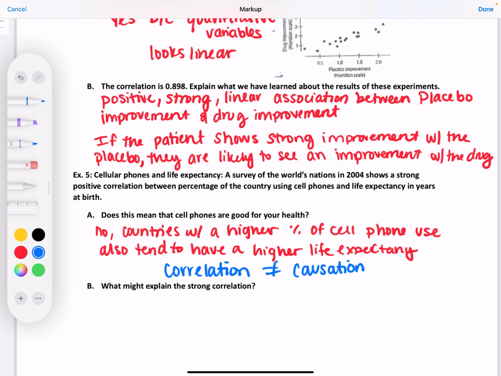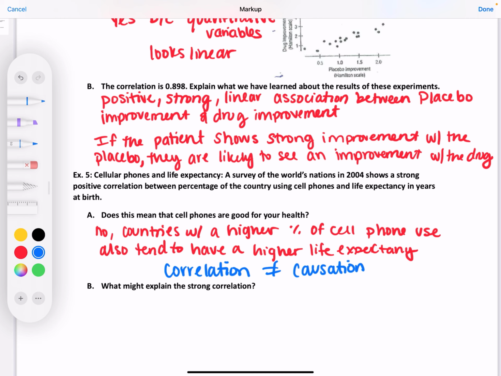Would you expect the Sahara Desert people to have cell phones? Okay, so third world countries, would you expect them to have cell phones overall? Countries that are richer, I would assume, would have more cell phones.